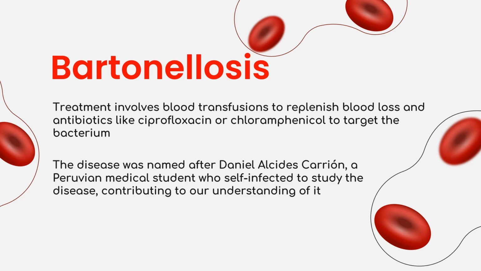It is intriguing to note that the disease was named after Daniel Alcides Carrión, a Peruvian medical student who, in 1885, deliberately infected himself with fluid from a wart of a patient in the chronic stage of the disease. His courageous act contributed significantly to our understanding of this condition.